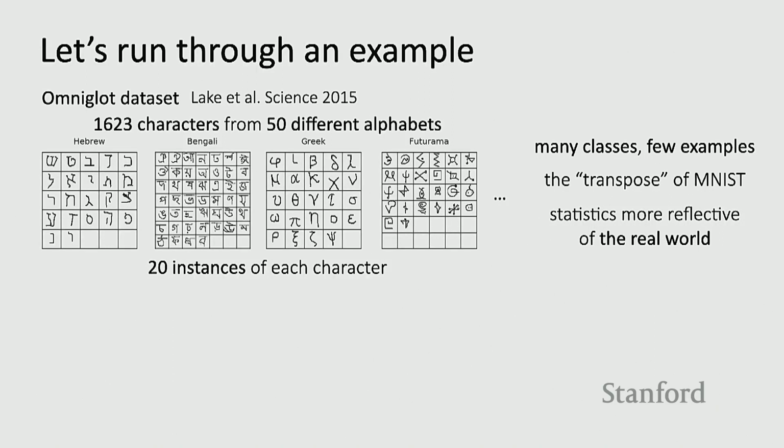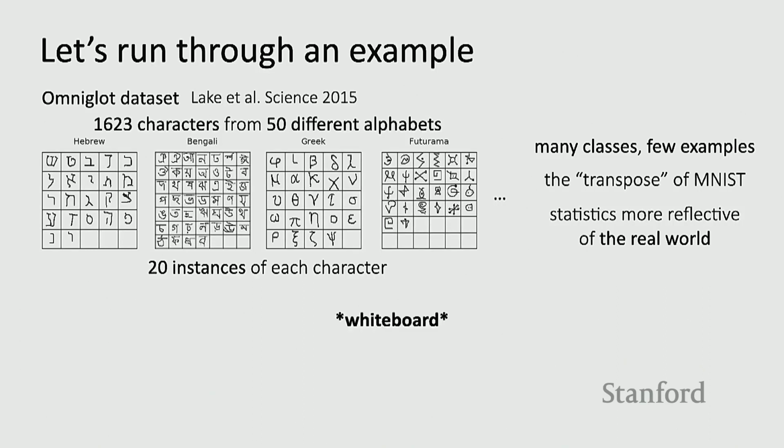For example, over your lifetime, for many objects, you probably haven't seen thousands of different instances of that object before. Depending on how old you are, maybe you've seen only a few instances, maybe 100 instances, but probably not a ton.